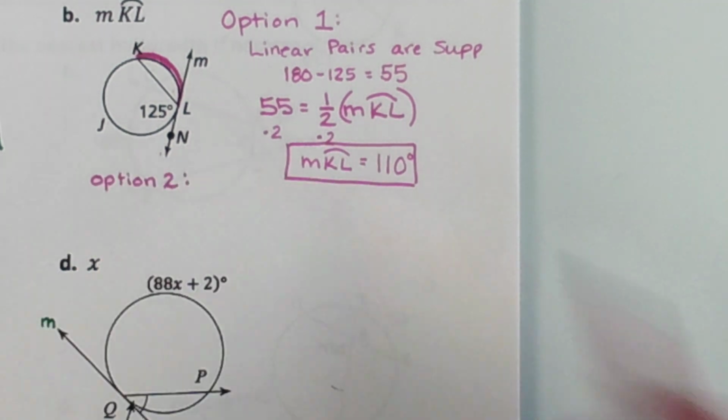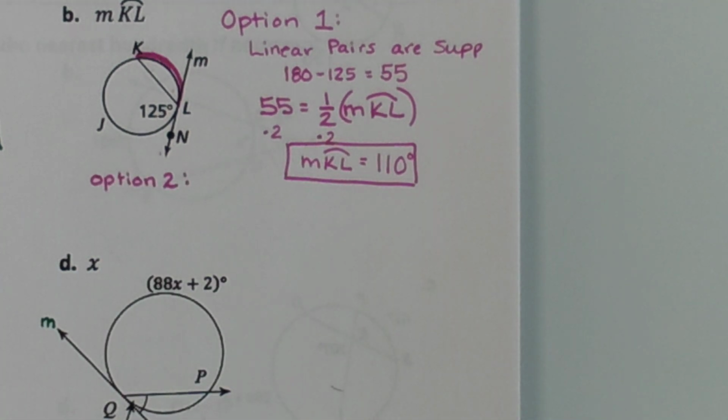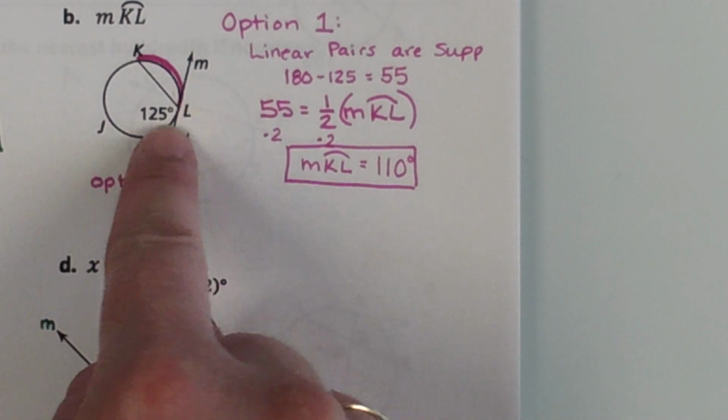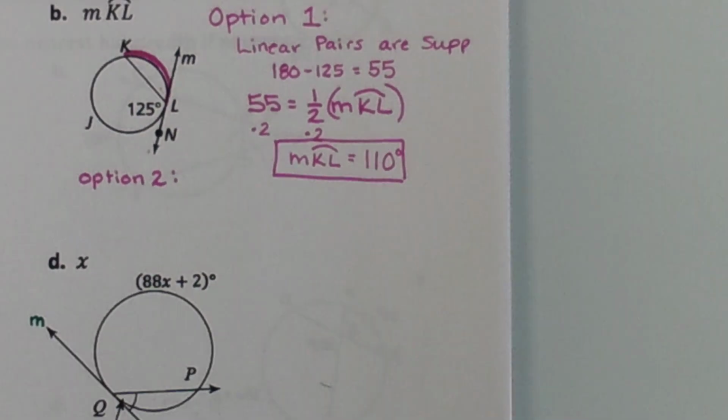Option 2. The other option on how we could have approached this problem is we could have found this arc first. To find that arc first, we're still using this formula.